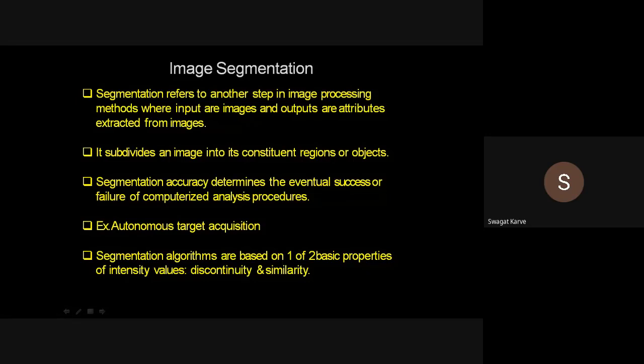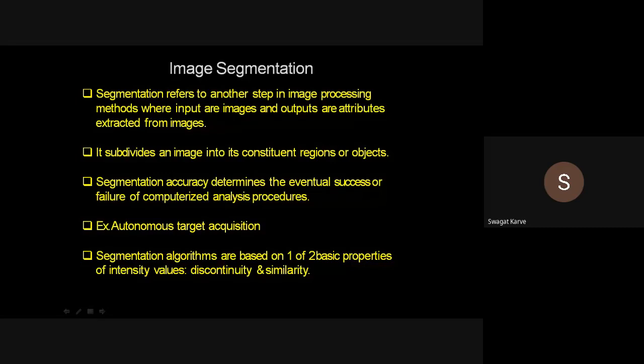So normally segmentation refers to another step in the image processing method where the inputs are images and the outputs are attributes extracted from the images. So always remember, in case of enhancement, the input is an image and the output is also an image, right?